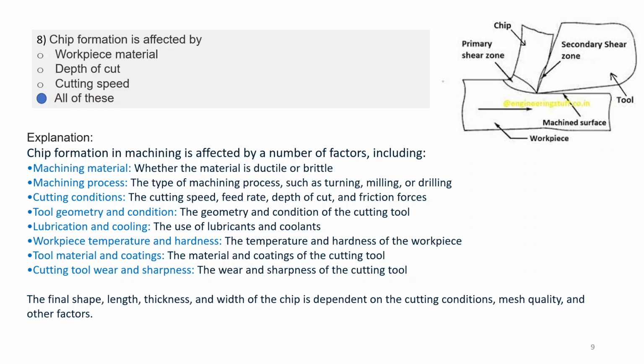Tool geometry and condition: the geometry and condition of the cutting tool will also decide. And lubrication and cooling, the use of lubricants and coolants. Workpiece temperature and hardness, the temperature and hardness of the workpiece.